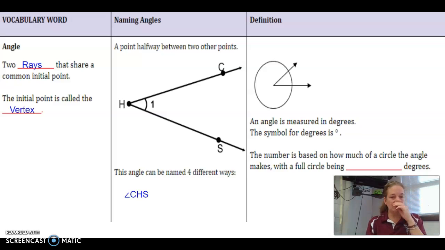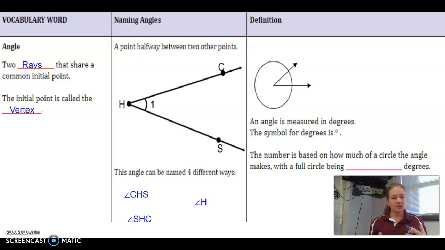And so you can name your angle four different ways. You can name it CHS. The vertex is always the middle letter, so another way to name it is, you guessed it, SHC, as long as the H is in the middle. Those are the two most common ways. Sometimes we can name it with just the vertex if we're talking about just one angle.